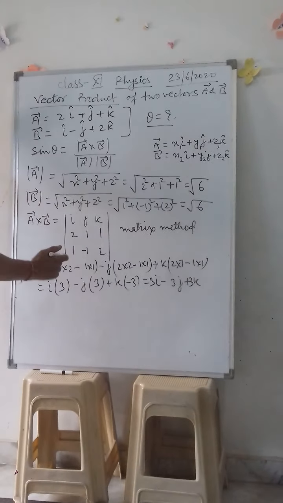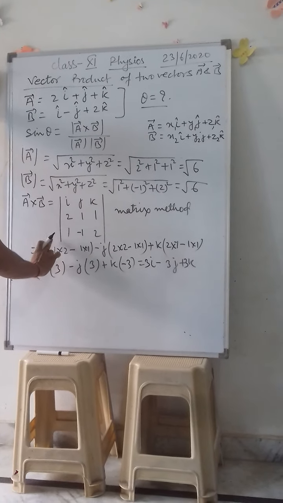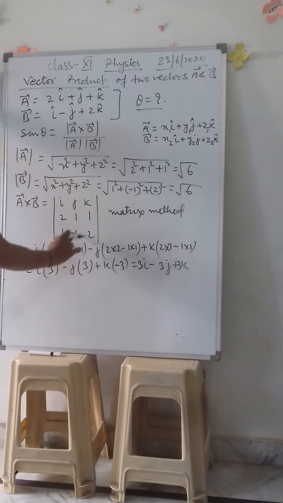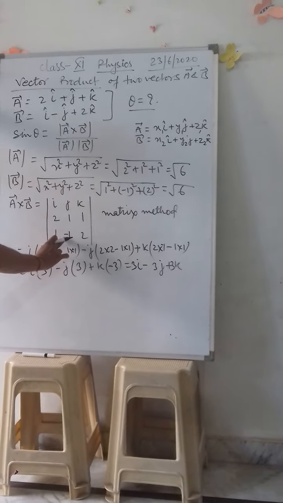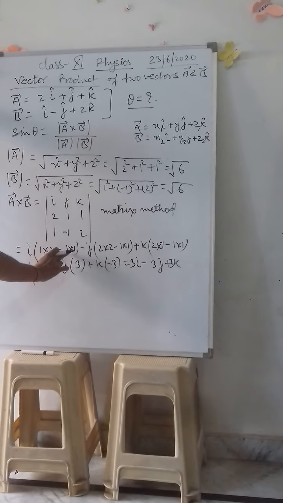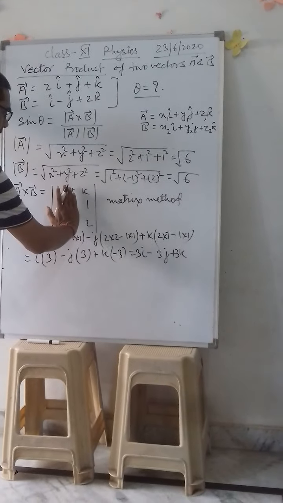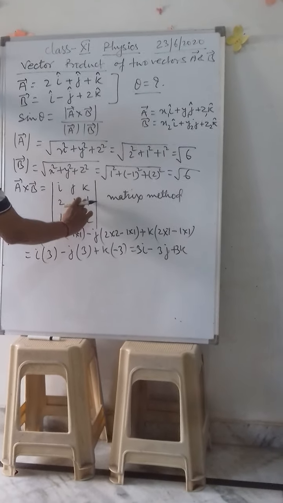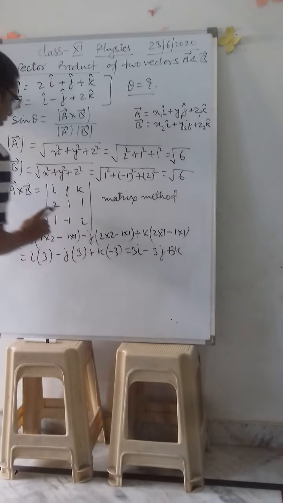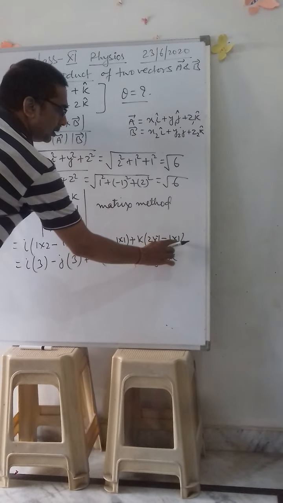Okay. Now by the matrix method, the I silent, I in bracket 1 into 2 minus 1 into minus 1. Because this is the minus j, so minus 1 here. So 1 into 2 minus 1 into minus 1; minus j means j silent, 2 into 2 minus 1 into 1; and plus k, k silent, 2 into minus 1 minus 1 into 1.